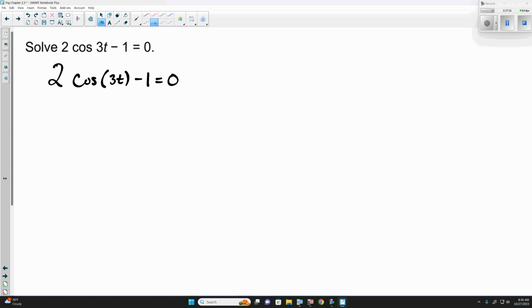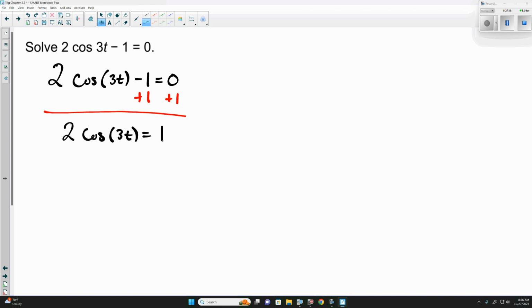We don't have double angles, half angles to worry about because if we get it by itself, first thing we do is add 1 to both sides. We get that 2 cosine of 3t is equal to 1, which honestly is neither here nor there because we don't have it by itself yet.